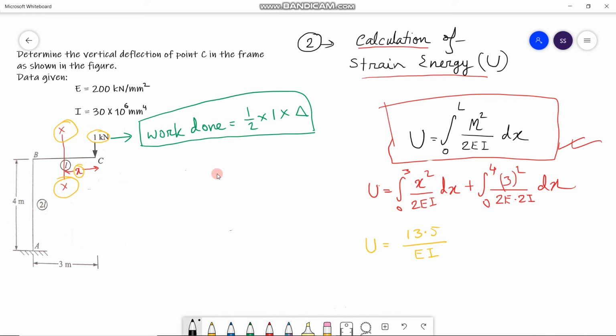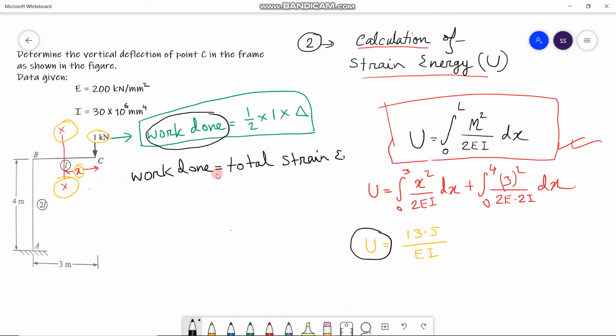Now equating work done and the strain energy, we have work done equals total strain energy.